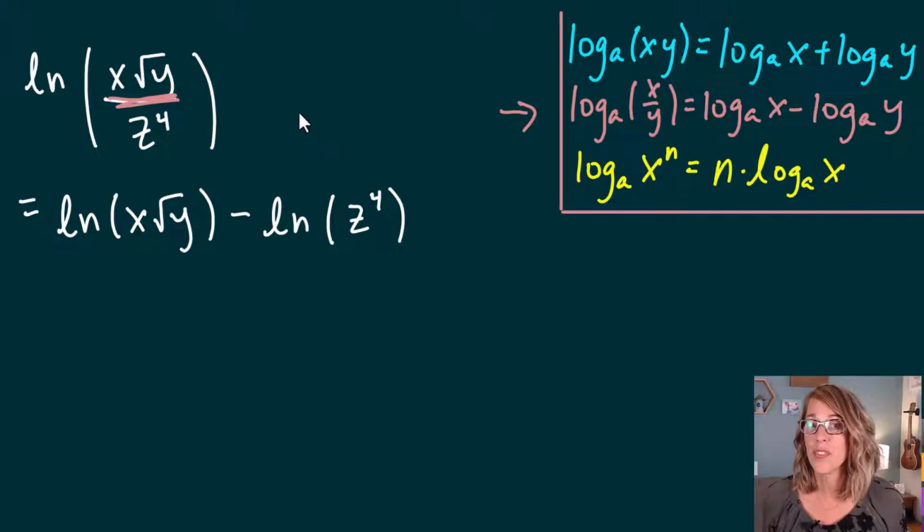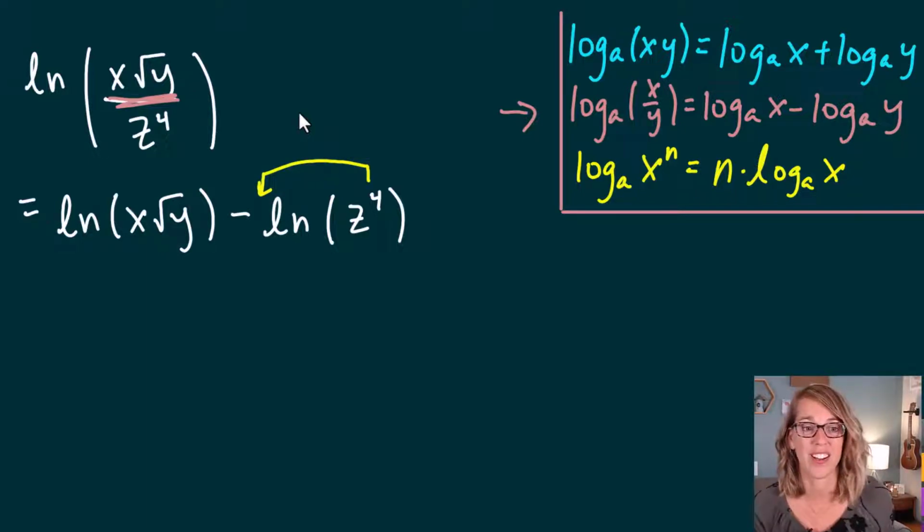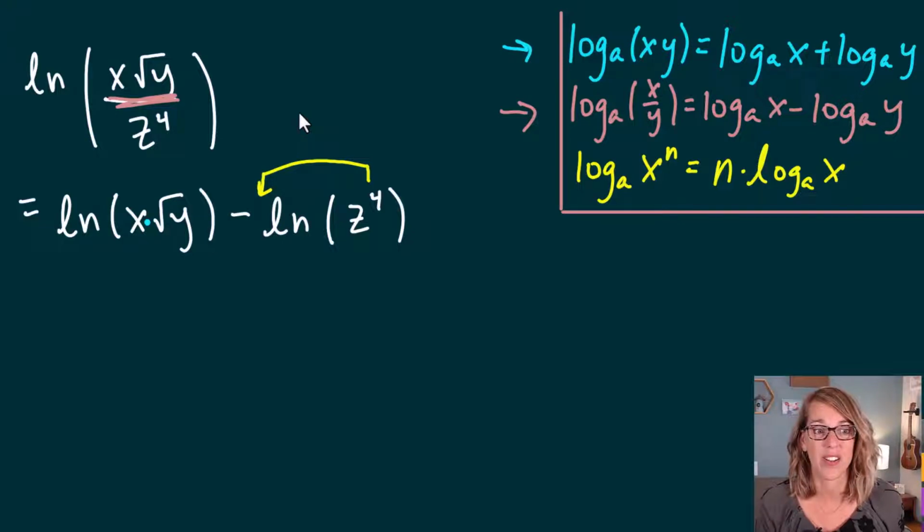Now that z to the fourth is pretty easy to simplify. I just need to move that 4 out in front, but I need to work with the first natural log a little bit more. Inside here, there is a product. So I can go ahead and circle that multiplication symbol there, and I'm going to use this first property to split up the natural log of x radical y.